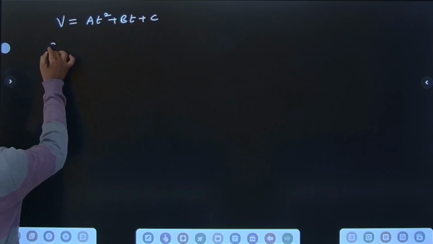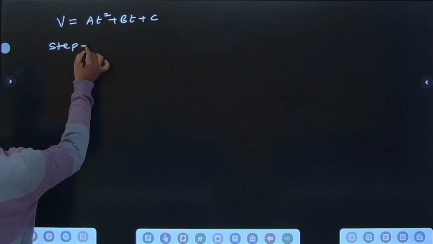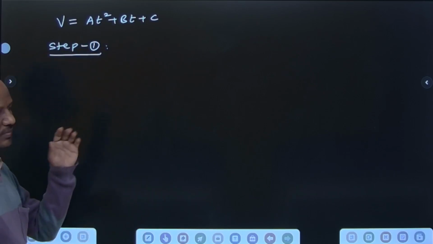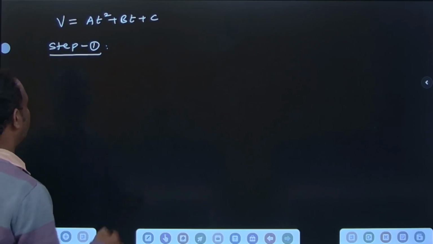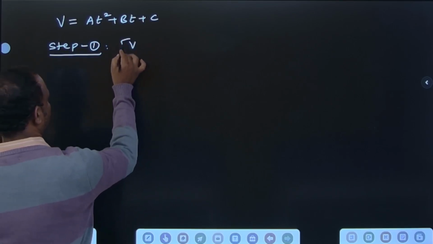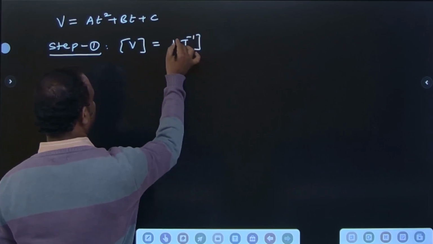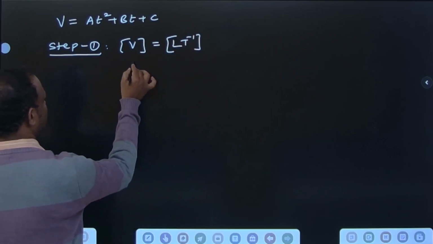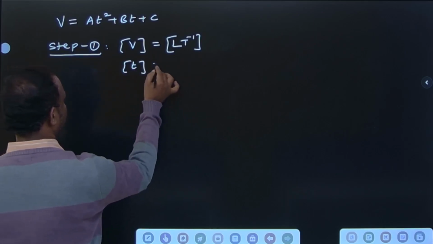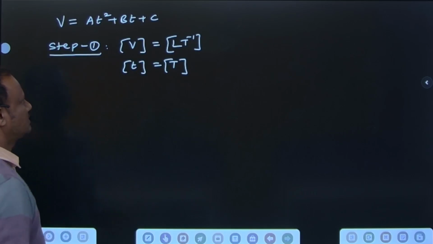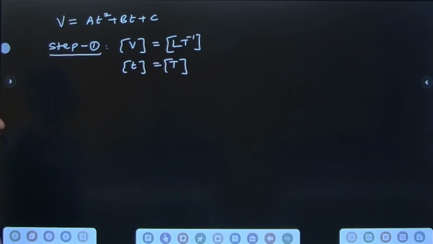Step 1: write the dimensional formula of the given physical quantities. First, velocity. What is the dimensional formula? LT power minus 1. Dimensional formula of t is capital T. a, b and c are constants.